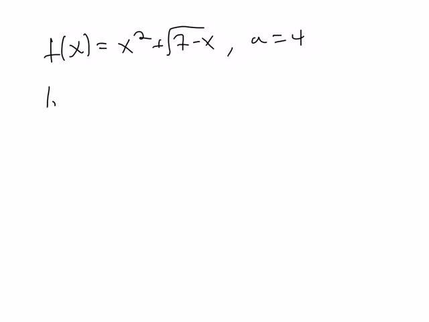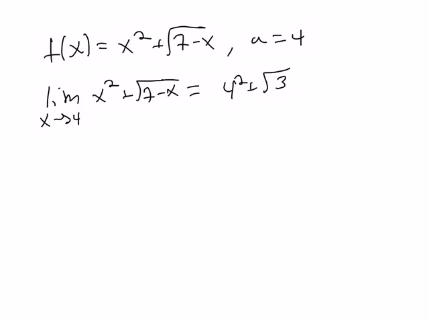So what we want to show is that the limit as x goes to 4 of x squared plus the square root of 7 minus x is equal to 4 squared plus the square root of 3. This follows straightforwardly by the limit laws, so there's nothing really to show there.